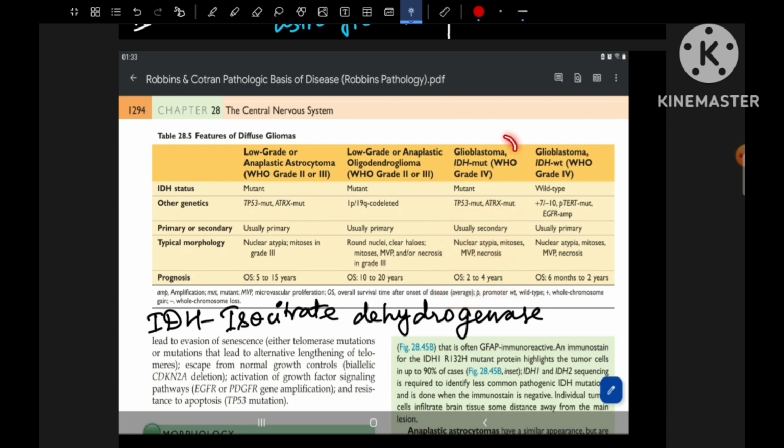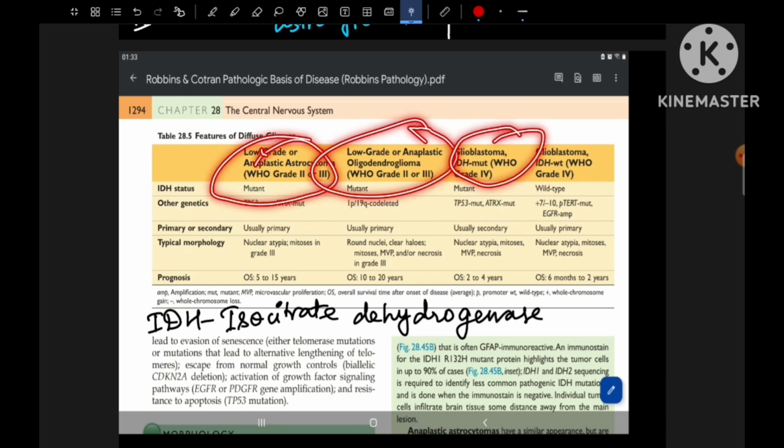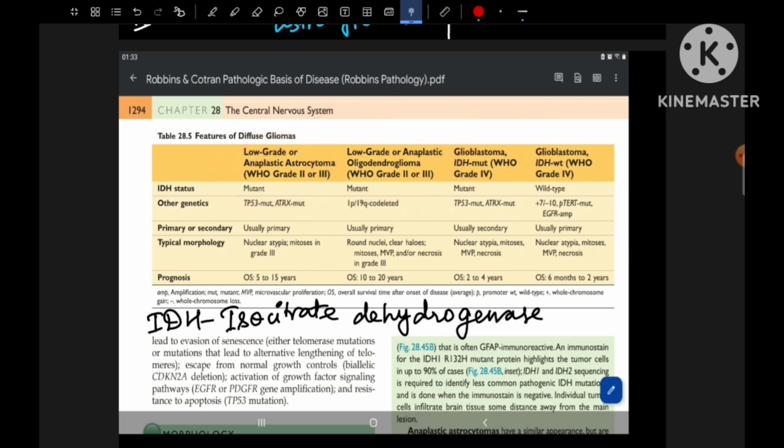So it is good compared to glioblastoma IDH wild variety, but it is bad compared to anaplastic astrocytoma and anaplastic oligodendroglioma, because, since it is secondary, both of these tumors, astrocytoma and oligodendroglioma, can become glioblastoma. IDH stands for isocitrate dehydrogenase, guys.